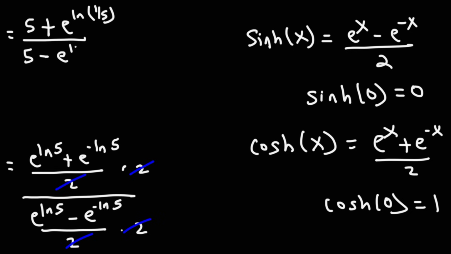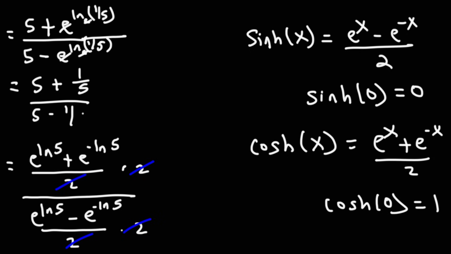This is going to be e to the ln 1 over 5. So the e's will cancel, giving us 1 over 5 on the bottom. The same thing is going to happen, but it's going to be negative 1 over 5.